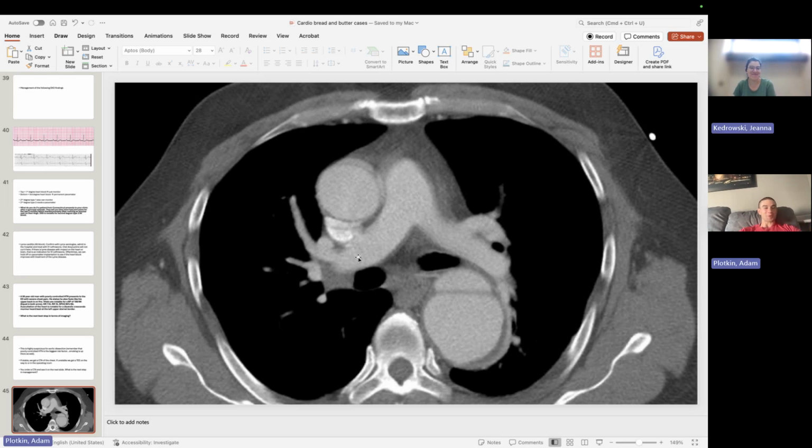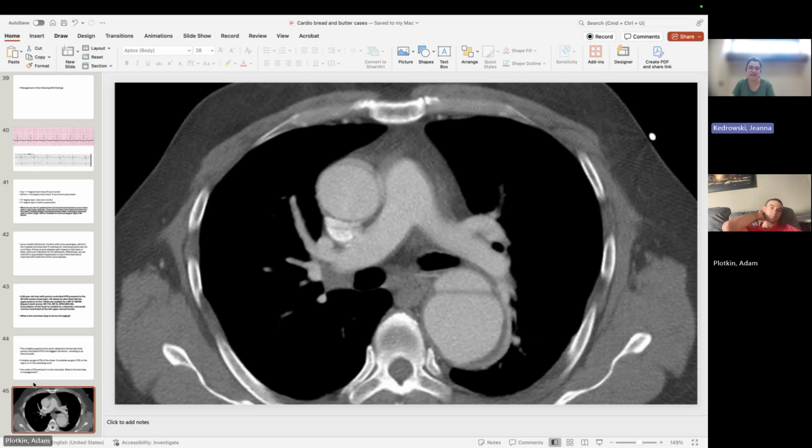So you are absolutely right. No, totally fine. Ascending aorta, absolute medical emergency, call cardiothoracic. Descending, distal to the subclavian, Stanford type B, we usually do medical management, right? So what would your medical management be for this patient?